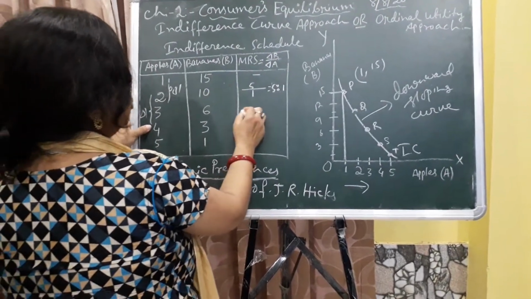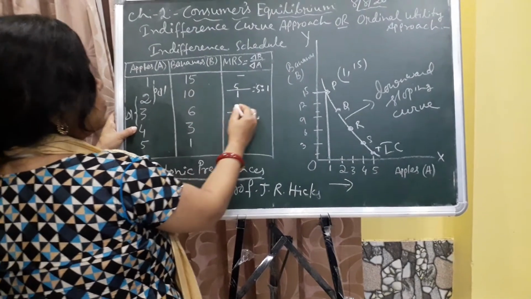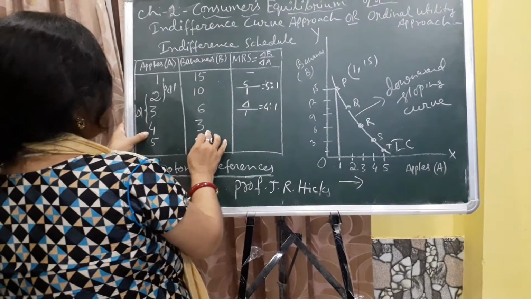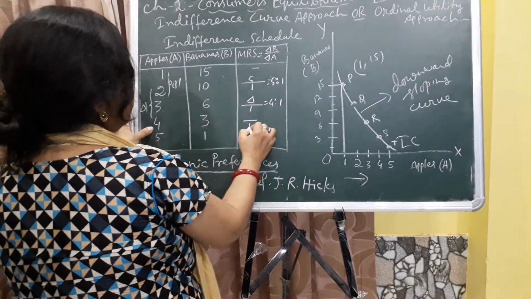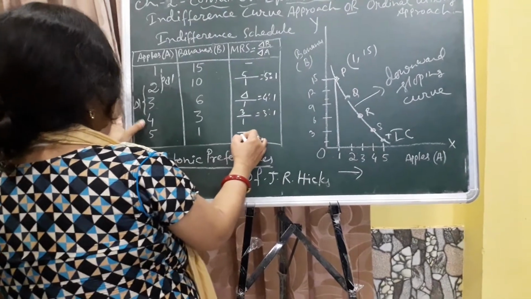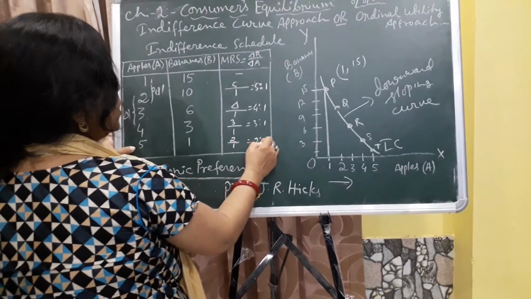Next, 2 to 3 changes 1, 10 to 6 changes 4, so 4 is to 1. Next also 1, and 3, so 3 is to 1, and next 1, 2, so 2 is to 1.